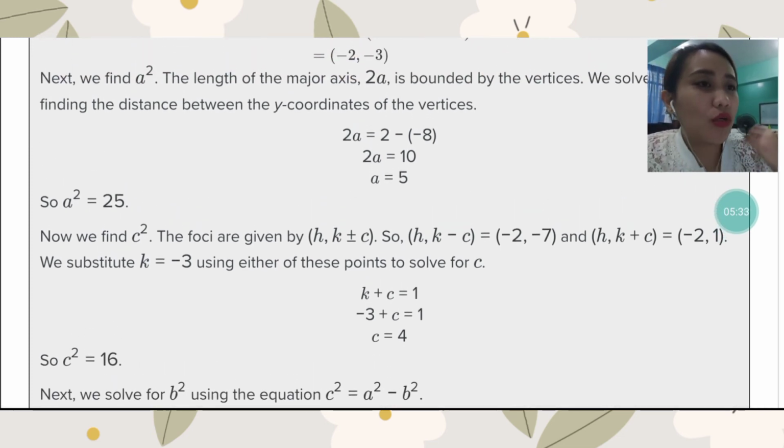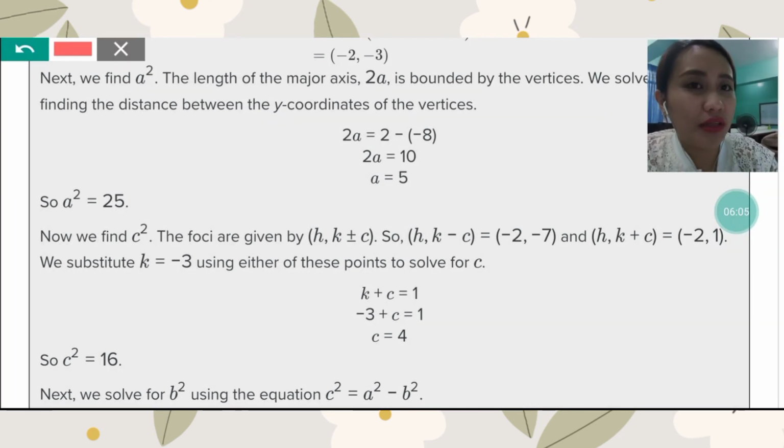So we already know our center, we already know the value of a. Now we find c squared. The foci are given by h, k plus minus c. So h, k minus c is equal to -2, -7, which was given earlier. And h, k plus c is equal to -2, 1.